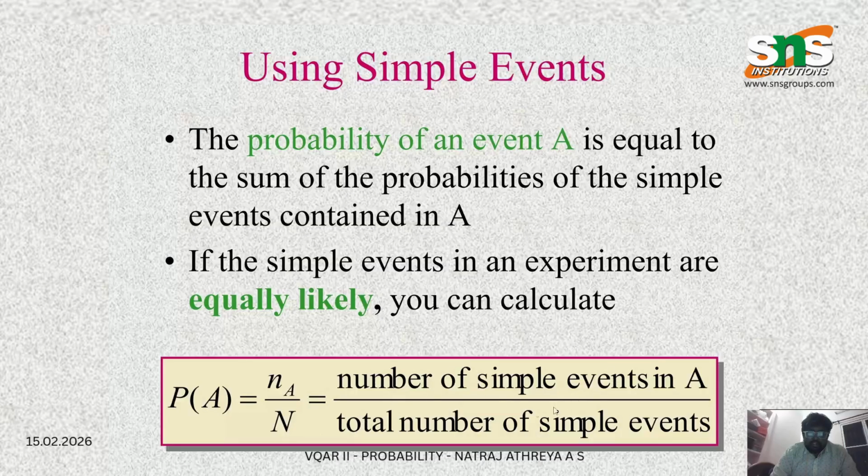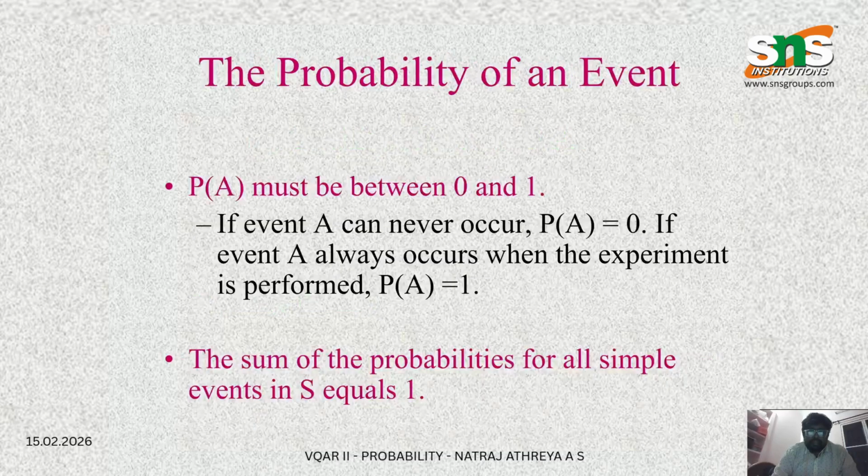So we get the formula like this. We should know that, as discussed earlier, probability lies between 0 and 1. If the event can never occur, then P(A) is equal to 0. If it is certain, P(A) is equal to 1. The sum of probabilities for all simple events is equal to 1.